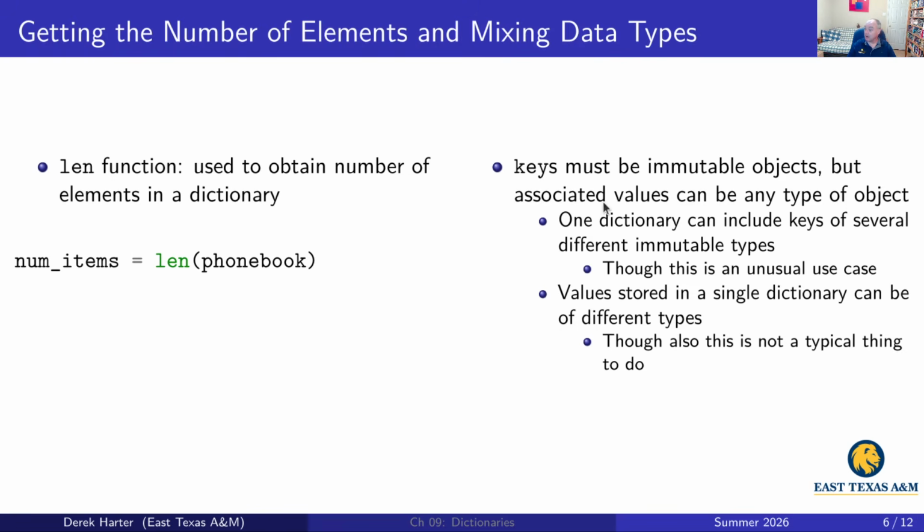I probably covered all these already, but just to remind you, keys need to be immutable objects, but the associated value doesn't have to be immutable. Any kind of object, immutable or mutable, can be the value. The value could be a list, an integer, a float, a string. Often the values are going to be things like objects, and when we talk about objects and classes later on, we'll see how to do that.